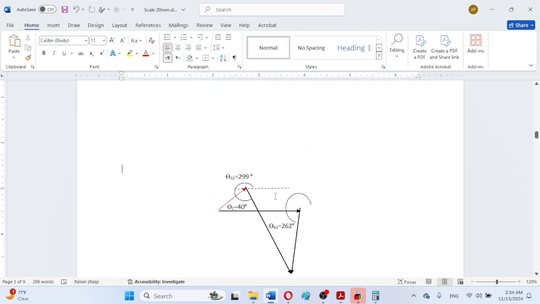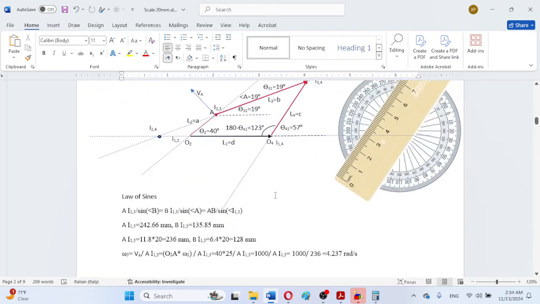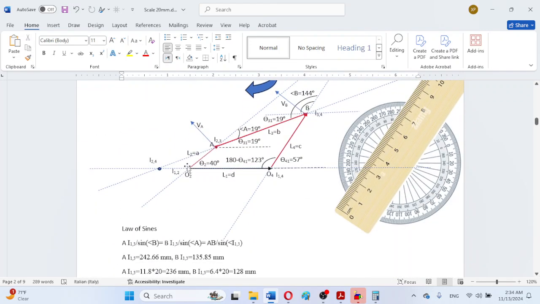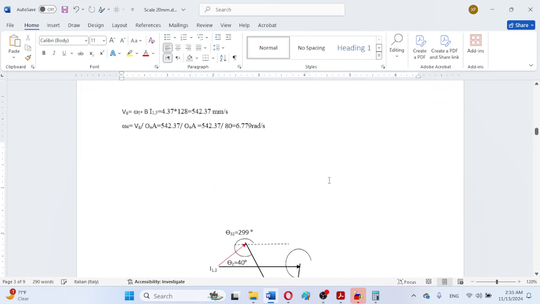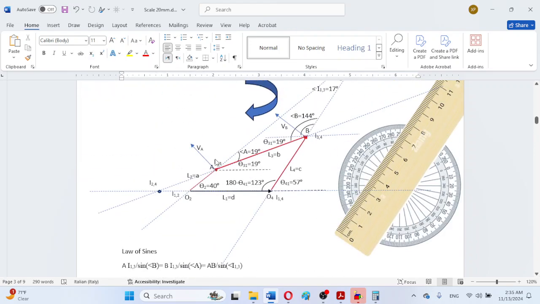After that, for example, permanent instant centers can also be copied from this diagram, like this instant center I1,2. Just move it here, and after that instant center I2,3.